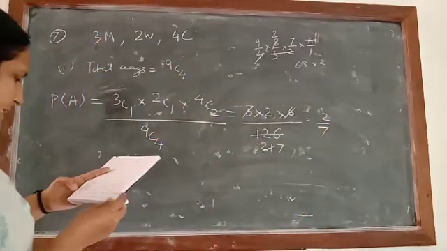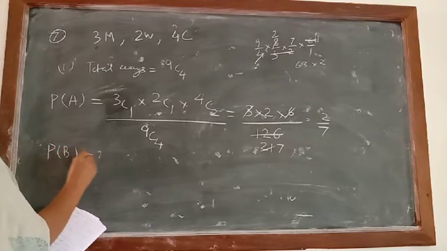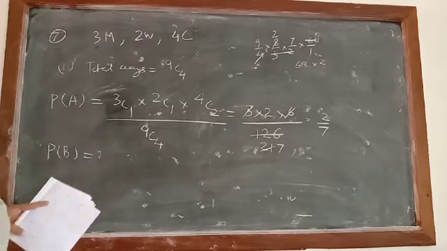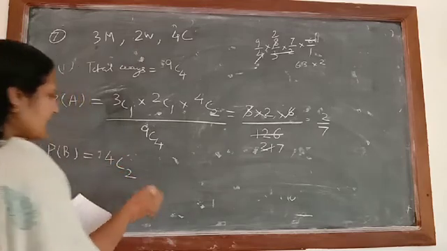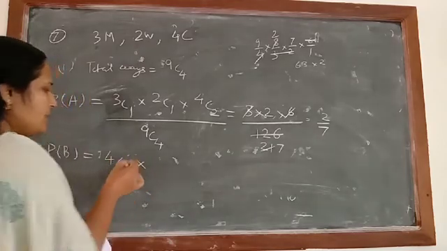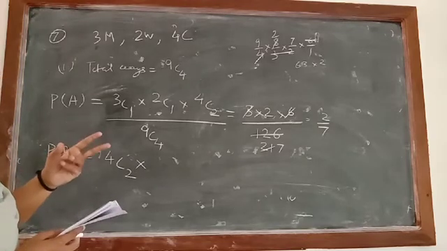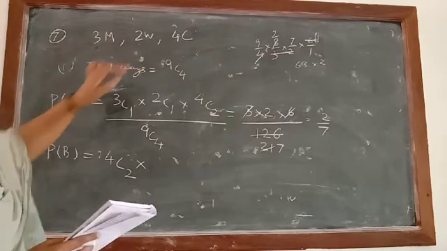Then next one is exactly 2 children. Exactly 2 children. We have to select 4. In that we need exactly 2 children. How many children we have? 4. So out of 4 we selected 2. Now to make a committee of 4, how many more members we needed? Yes, we need 2 more there. And that we have to select from these. That is 3 plus 2, 5.